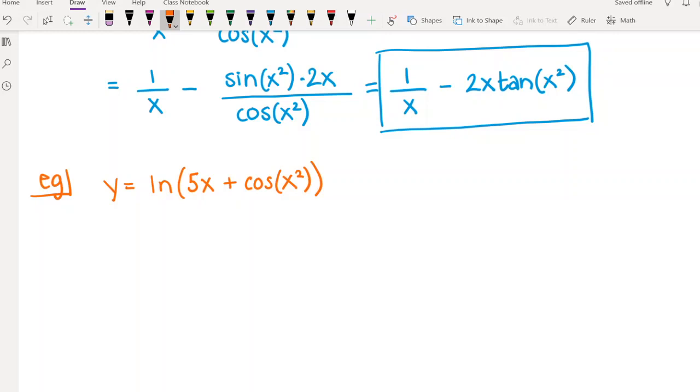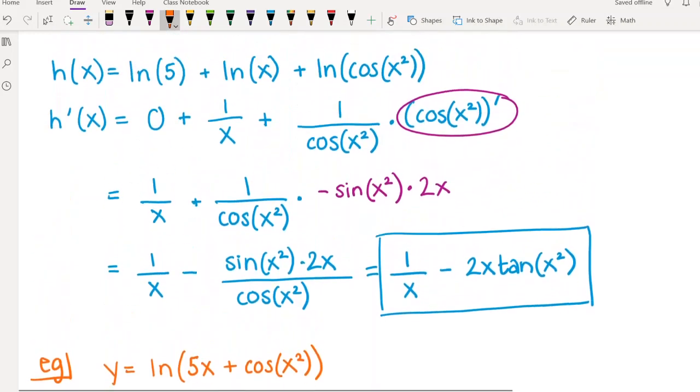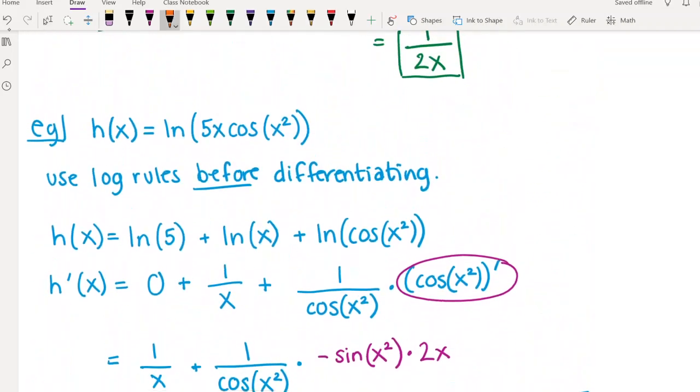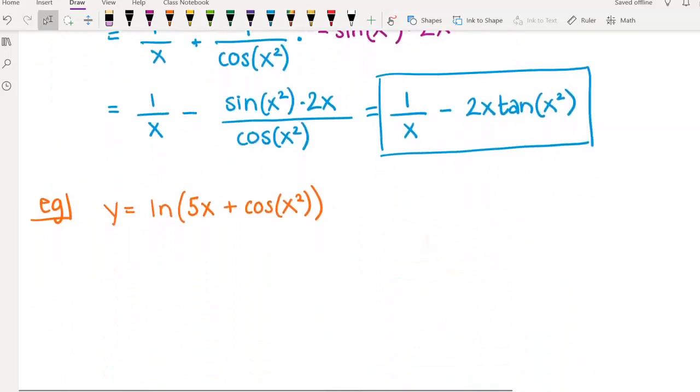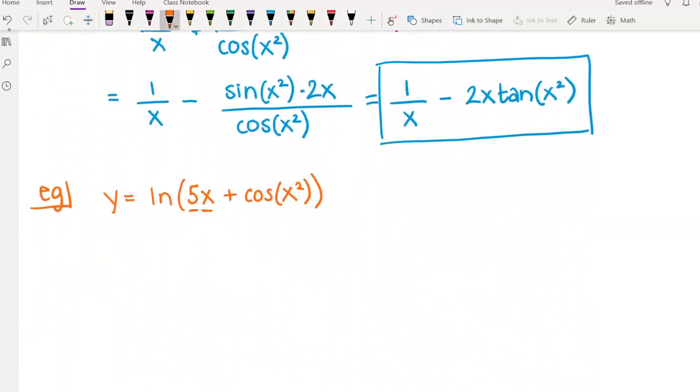So what's the difference? Well, in the previous example we had a product. There was no addition. We were doing 5 times x times cosine of x squared. In this one, even though the 5 and the x are getting multiplied, overall this is not a product, it's a sum. It's a sum of 5x and cosine of x squared.